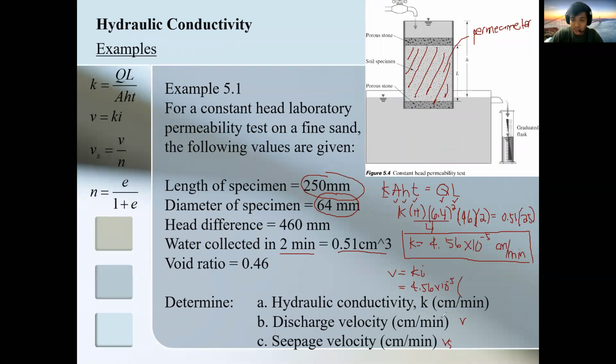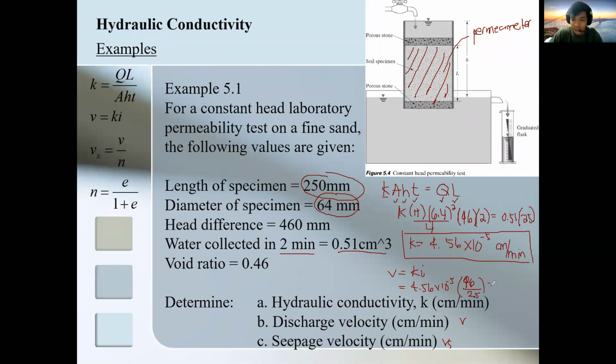Since the unit is cm per minute, the H over L will not matter whether you plug in mm or cm, because the units will just cancel out in this term. The hydraulic gradient i is a non-dimensional unit, meaning it is unitless. So H is 46 all over 25.